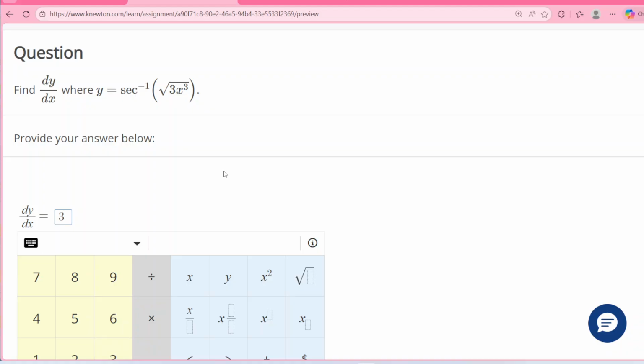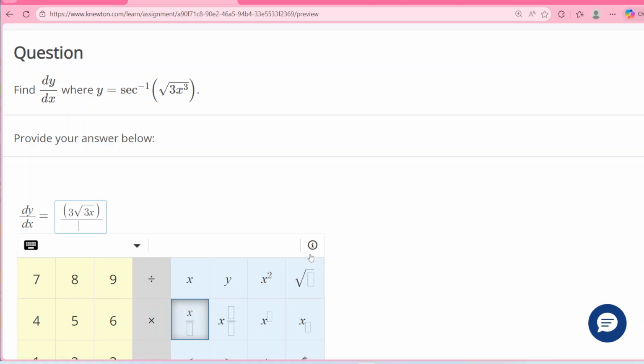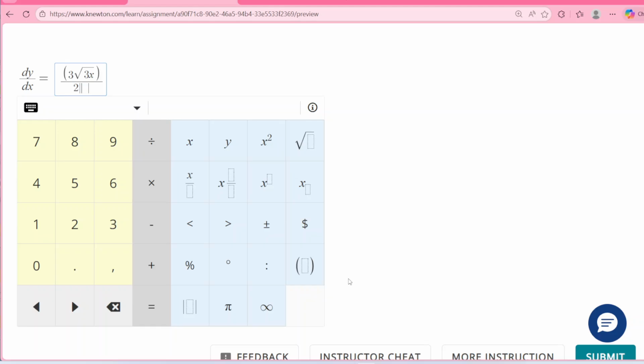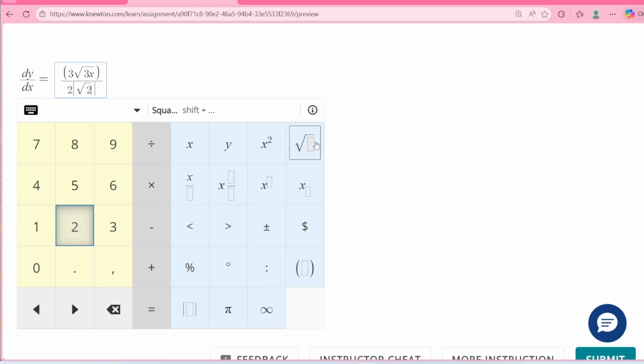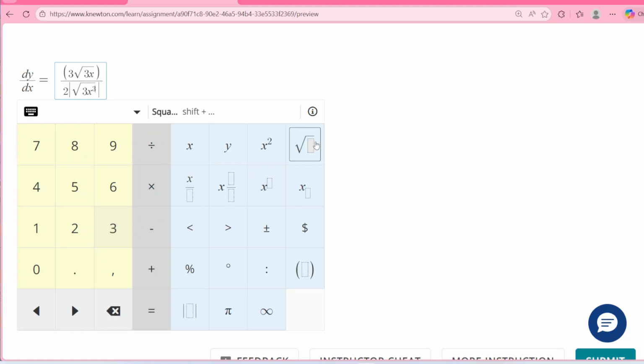So I have 3 times the square root of 3x, all in the numerator, divided by 2 times the absolute value of the square root of 3x cubed inside there, times, outside the absolute value, the square root of 3x cubed minus 1, all inside there.